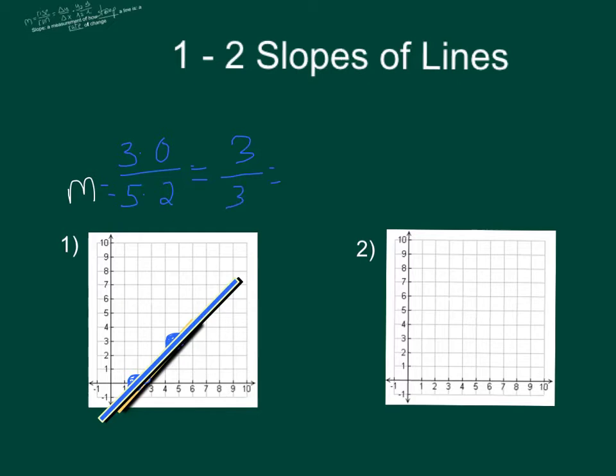So that slope ends up just being 1. It rises 1 unit for every 1 unit that it runs, or 1 over 1. Now notice, had you done 0 minus 3 over 2 minus 5, which is perfectly fine, you get negative 3 over negative 3, which is also positive 1.